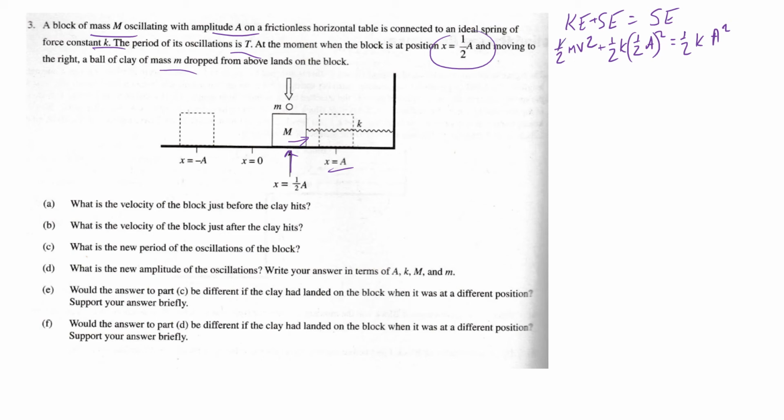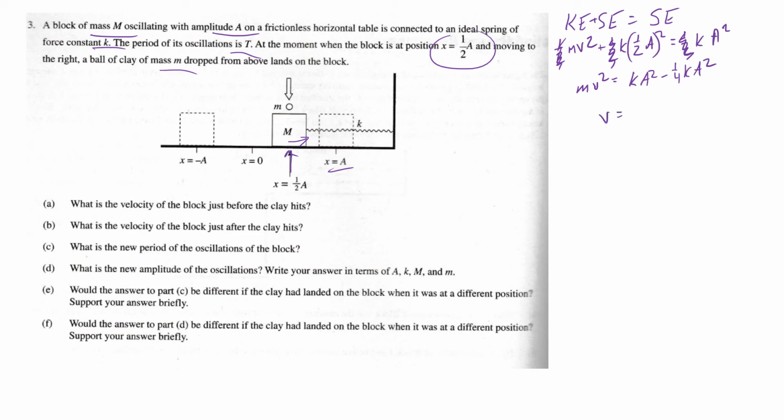So now we're solving for v. So let's take out all these 1/2s, just like you should be used to by now, really. So mv squared is going to equal ka squared minus, well, when you distribute the squared here, we're going to have 1/4 ka squared. Nice. So 1 ka squared minus 1/4 ka squared.